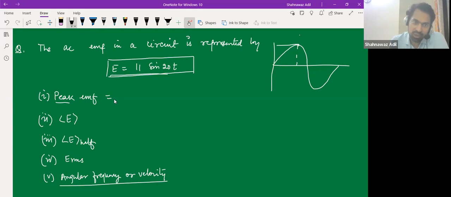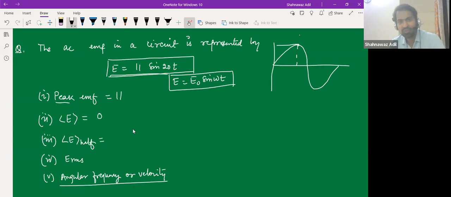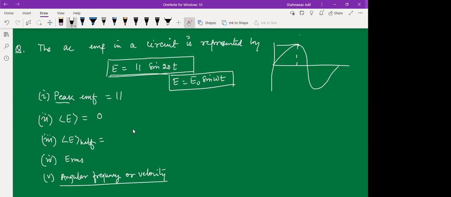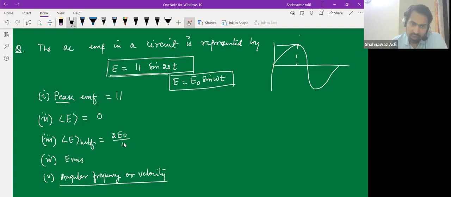11. Good. So 11 is the peak EMF because we have this E naught sine of omega t. When we compare this with this one, we get this. Average E is 0. E half is how much, Aisha? We know that, so it is 2 E naught by pi.